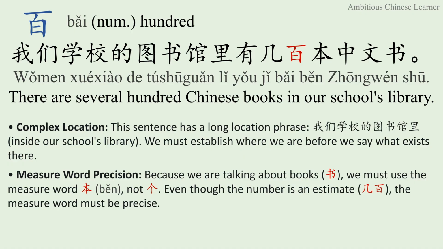We must establish where we are before we say what exists there. Because we are talking about books, 书, we must use the measure word 本, not 个. Even though the number is an estimate, 几百, the measure word must be precise.